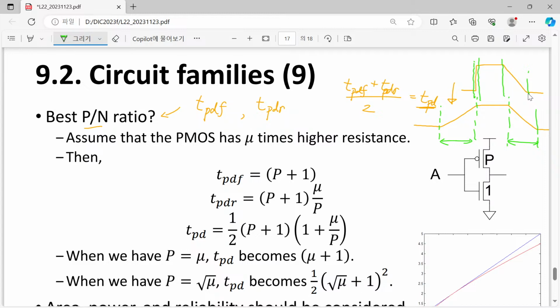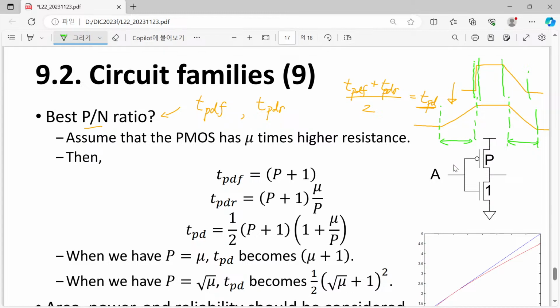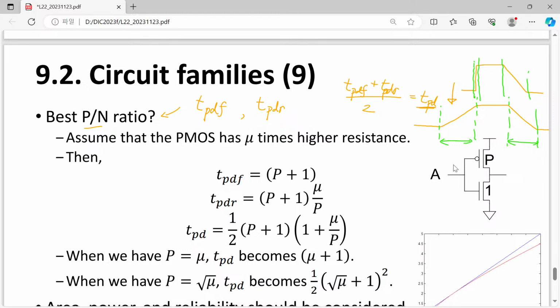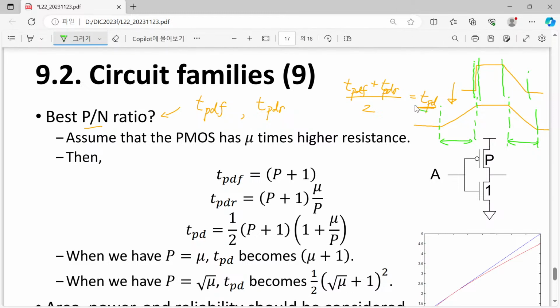However, when you take the average of our transition, it is much shorter than this lower one. So maybe it is better, or anyway, let's say this is the better condition for our PN ratio determination. Let's assume this is our assumption.